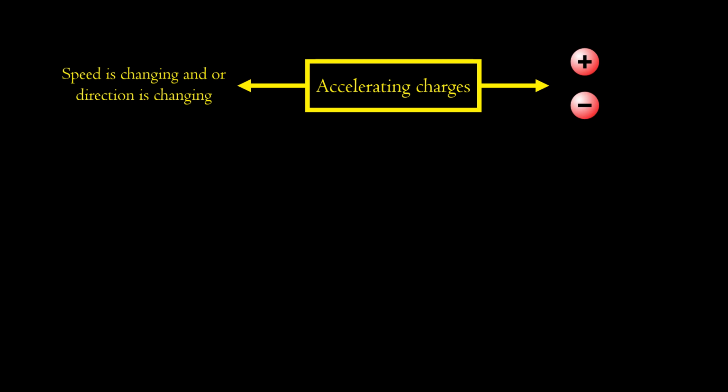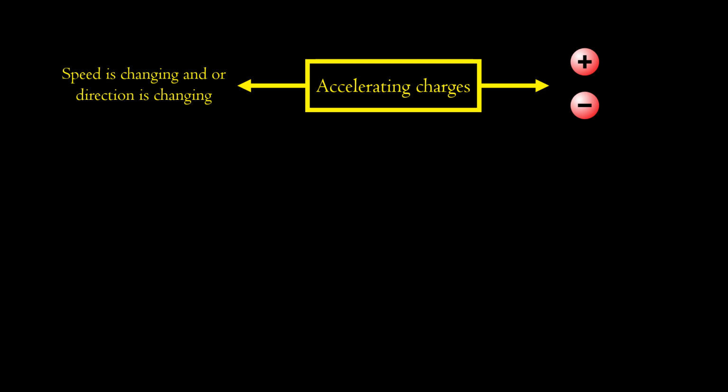So even if the speed is constant, as long as the direction is changing, we say that that object is accelerating. This means that accelerating charges are charges that are changing speed or direction.